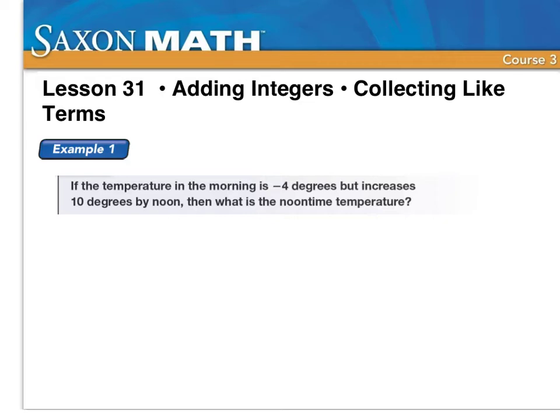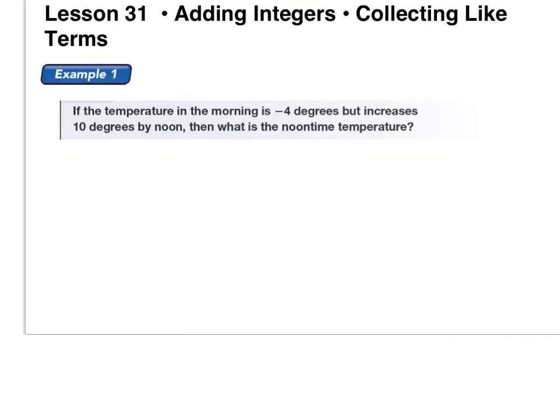Example 1, if the temperature in the morning is -4 degrees, but increases 10 degrees by noon, what is the noontime temperature? Okay? Well, one way that we can do this is to represent it with a number line. I like, for these kind of problems, especially temperature, using vertical number lines because it's like a thermometer.